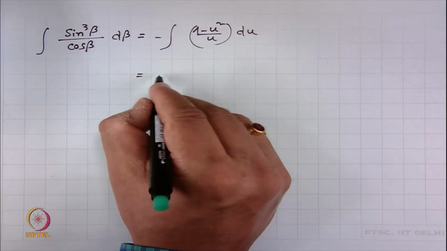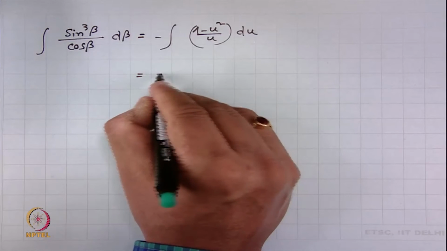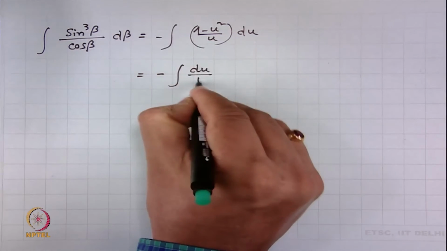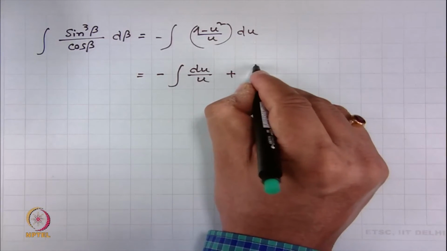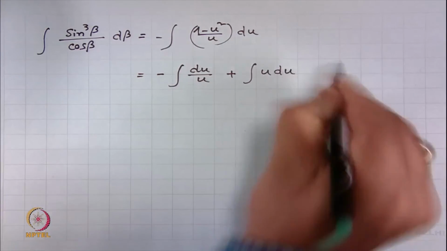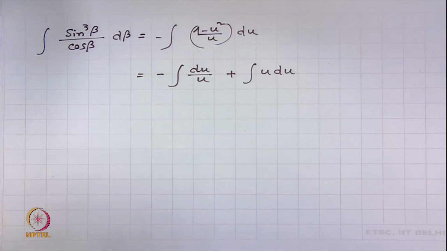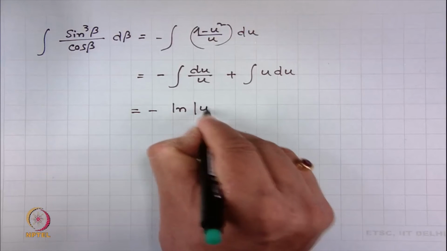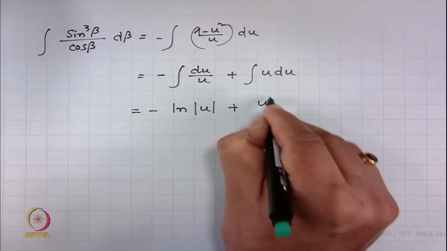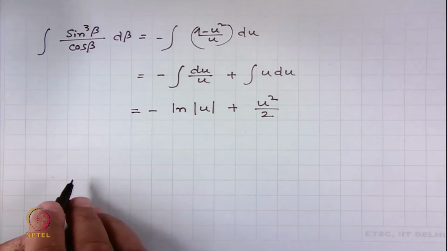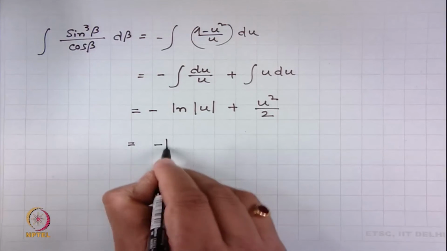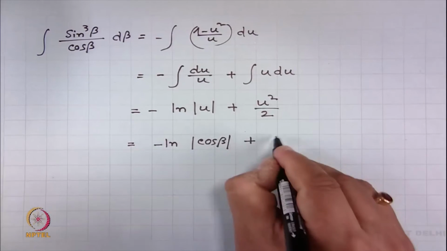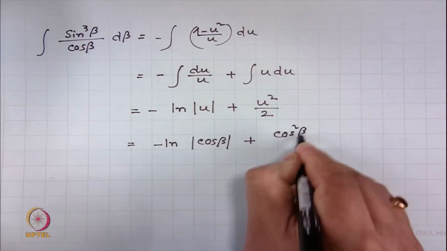So, minus du by u plus u du, minus du by u is ln u plus u square by 2. What was u? U was cos beta. So, minus ln cos beta plus cos square beta by 2.